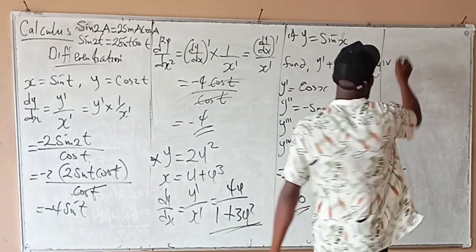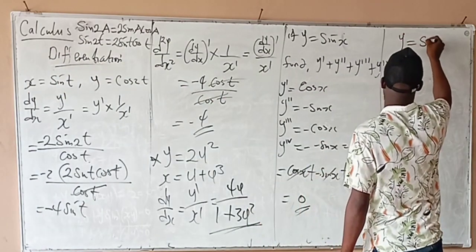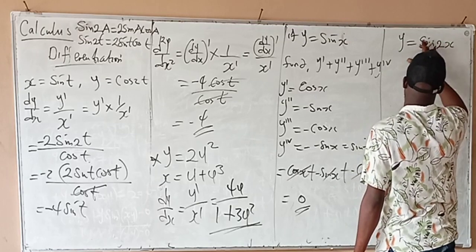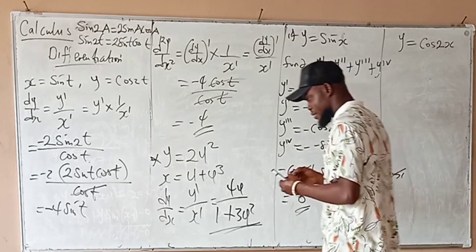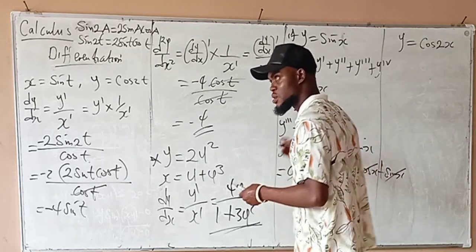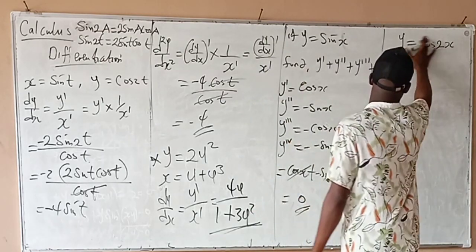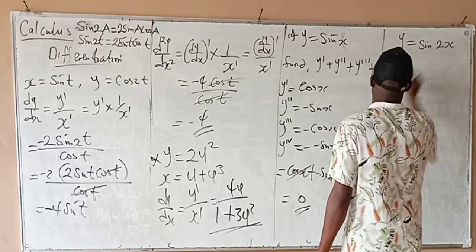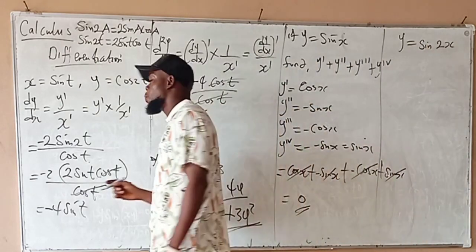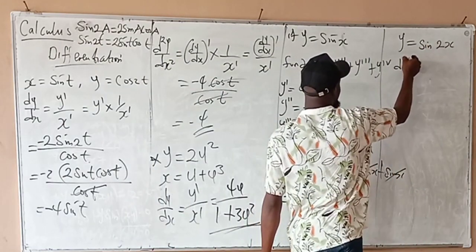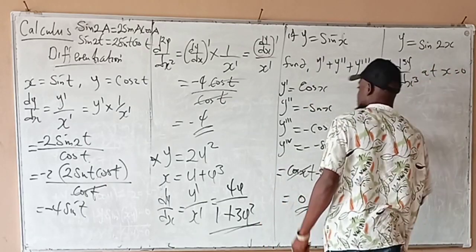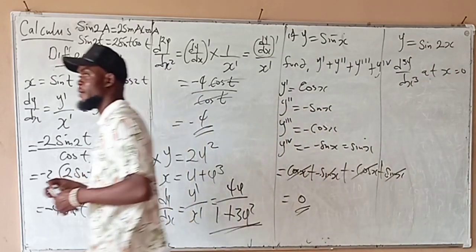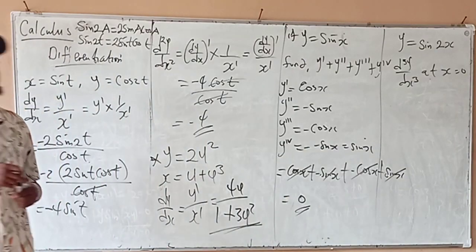Given that y is equal to sin 2x, find d cubed y over dx cubed at x equal to 0.